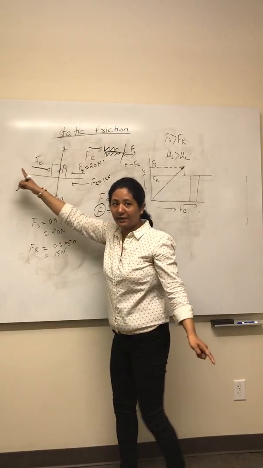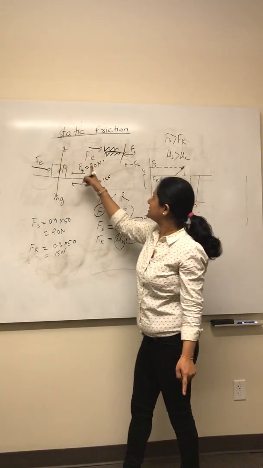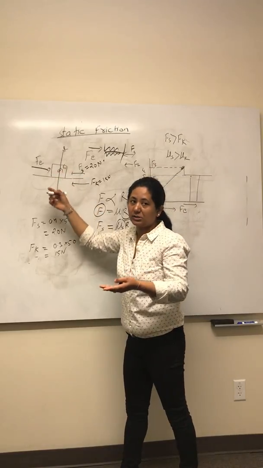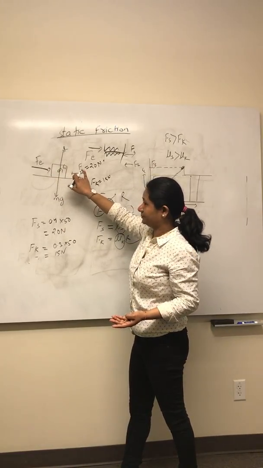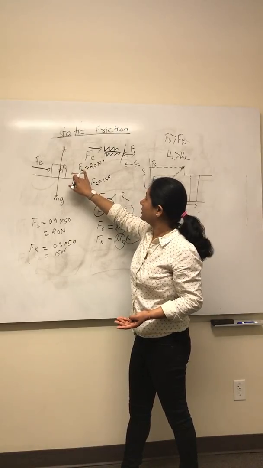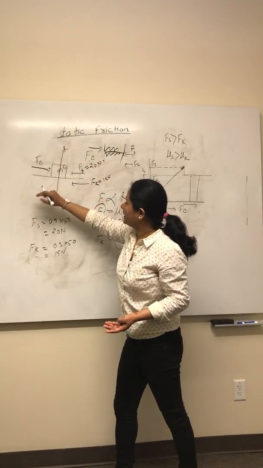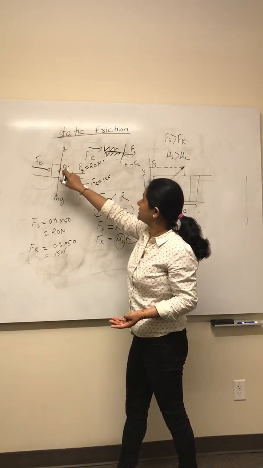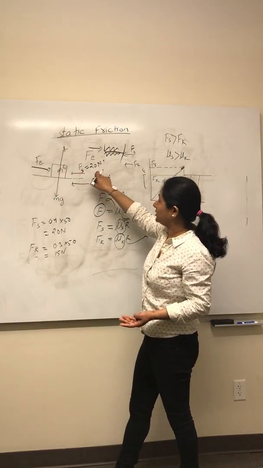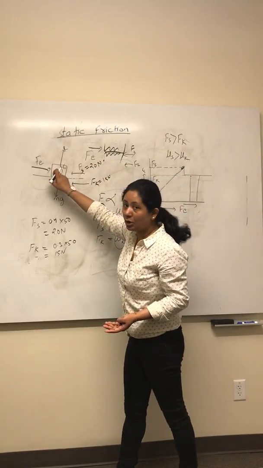Now we see the static friction is 20 newtons and the kinetic friction is 15 newtons. So if I apply a force of 10 newtons, which is less than 20 newtons, this body is stationary. It doesn't move, it's not accelerated, and the friction that comes into play here is the static friction. If I increase the force from 10 newtons, say 12 to 14, 16, 18, which is still less than the opposing force, it will still not move.